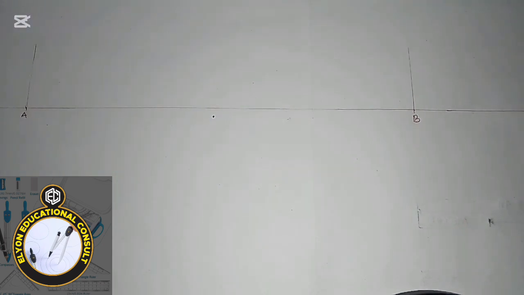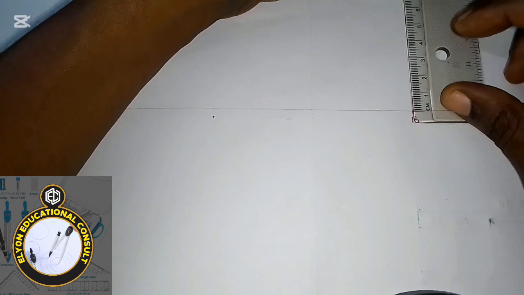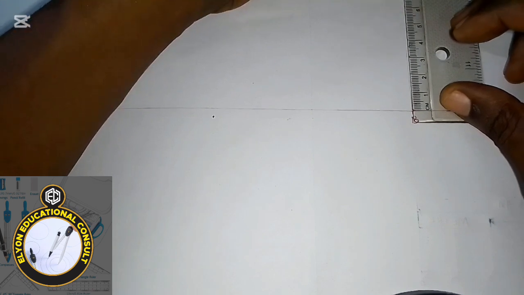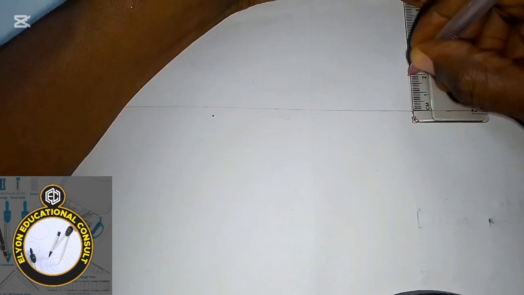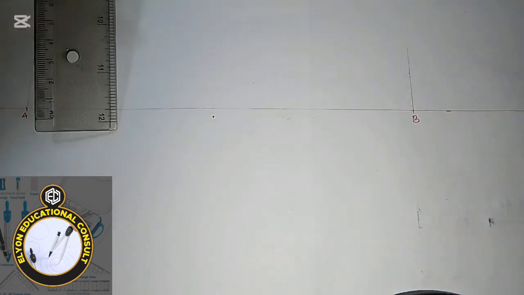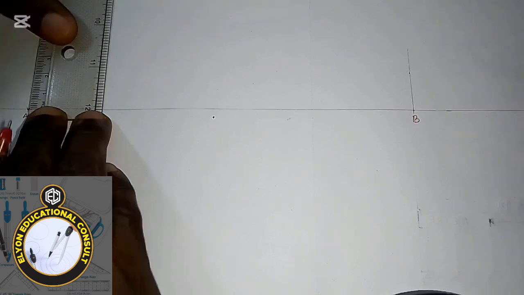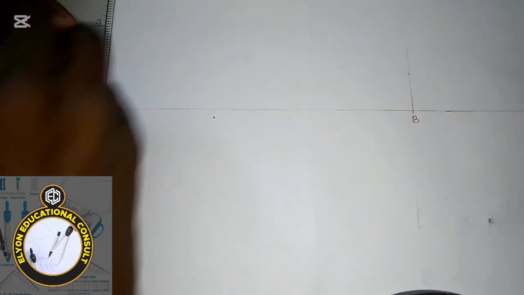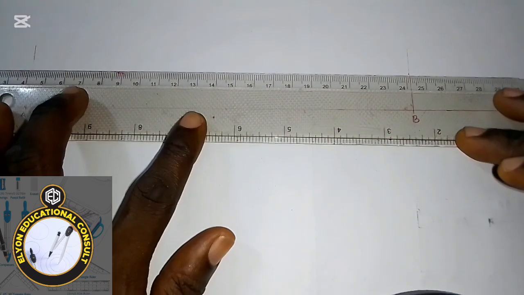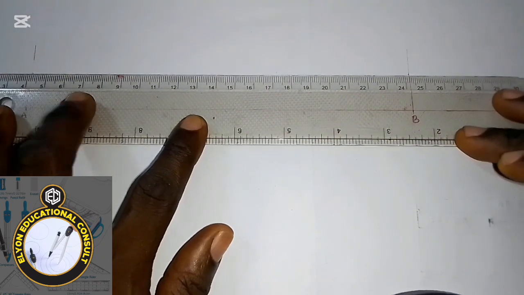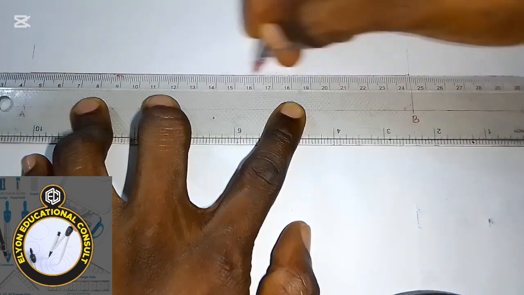Okay, so let's pick probably 2 centimeter. The height can be of any convenient measurement of choice. So 2. Okay, then we can join, connect them together.